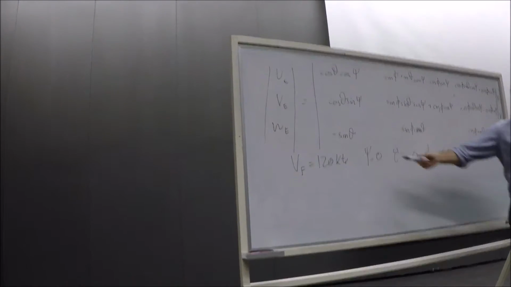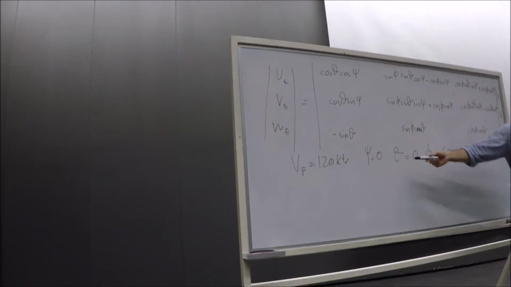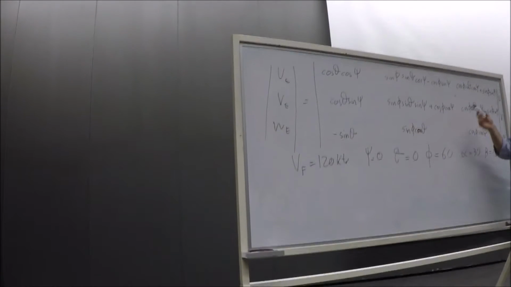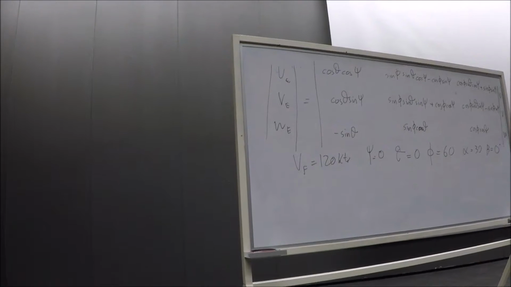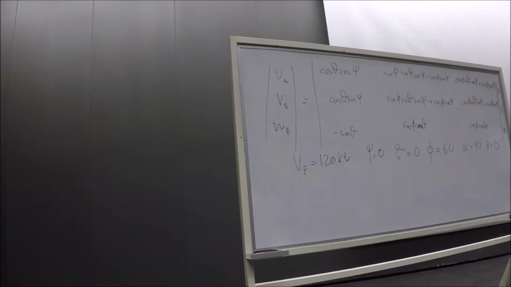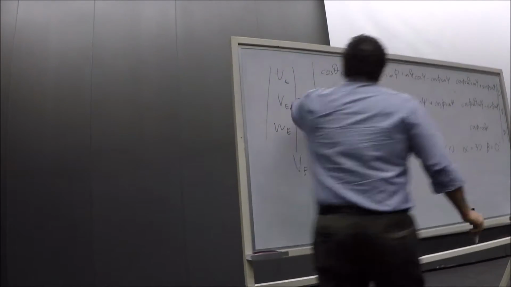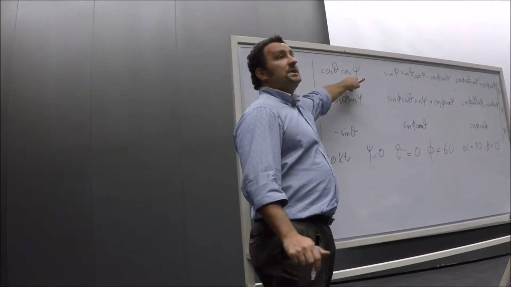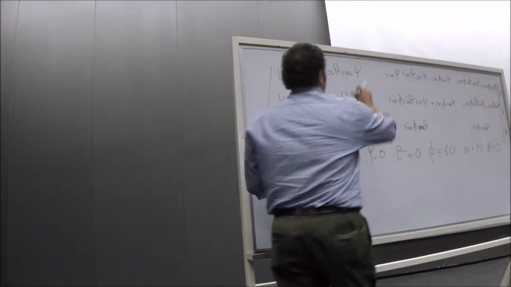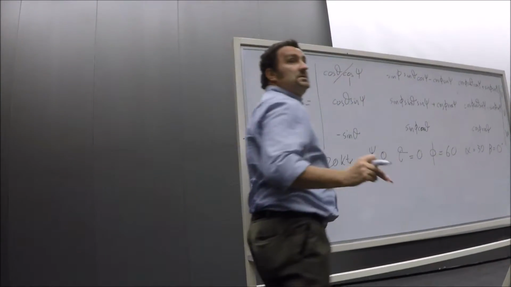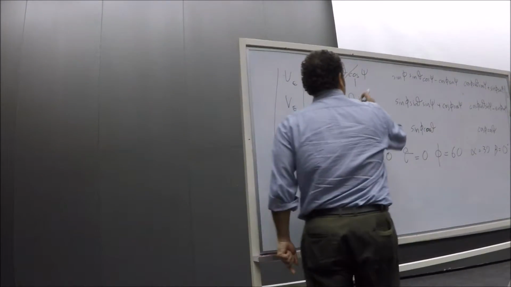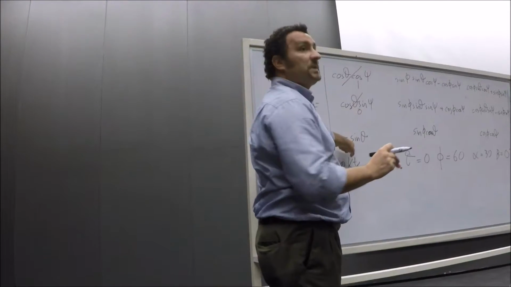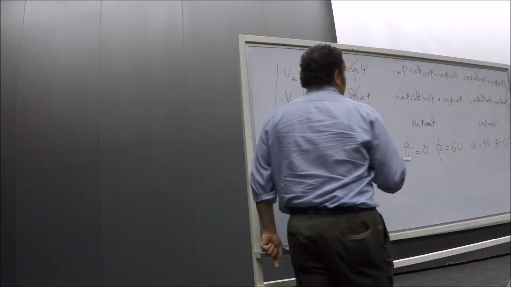So with this we have psi equals 0 and theta equals 0, so this transformation matrix, we can simplify it. This is cosine 0, cosine 0, so this will become 1. This is cosine 0, sine 0, this becomes 0, and this becomes 0.